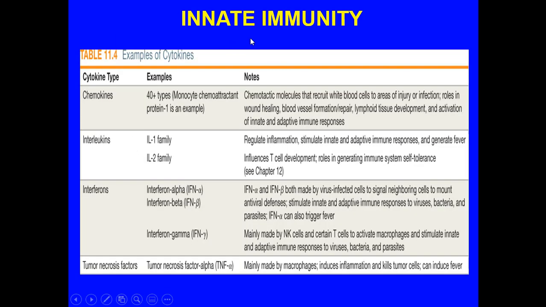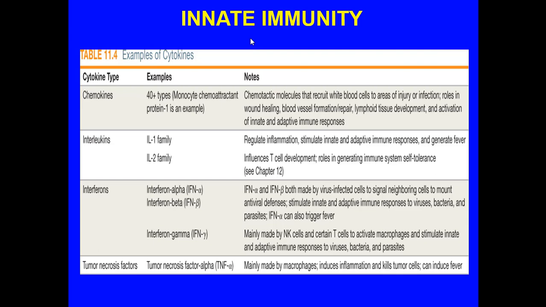Now, examples of cytokines, we're going to focus on that first. We have chemokines, interleukins, and that's the IL-1 family, the IL-2, and then interferons, and then, of course, tumor necrosis factors, TNF. Now, keep in mind that you need to get the big picture of all of this. Chemokines alone, there's 40 different types.